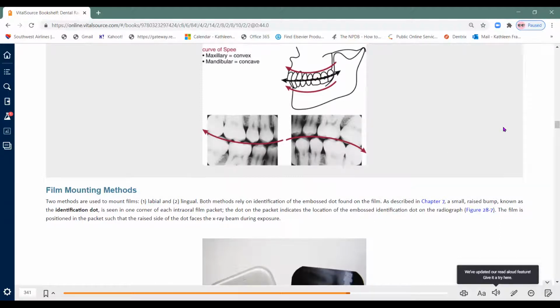So when I mount them, I'm always going to know that if my molars are on my left, it goes on the left side of my mount. If the molars are on my right, it goes on the right side of my mount. So since these teeth are on my left, this is going to be tooth number 2 and 3, 4 and 5, just like it is when I'm charting a patient in Dentrix.